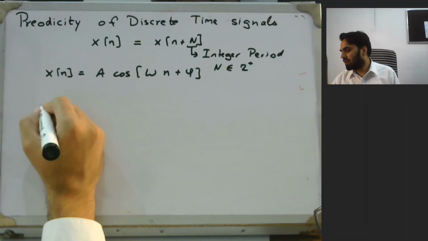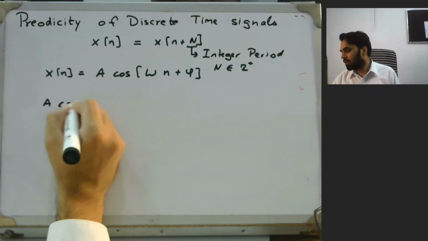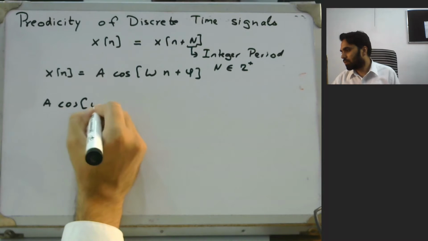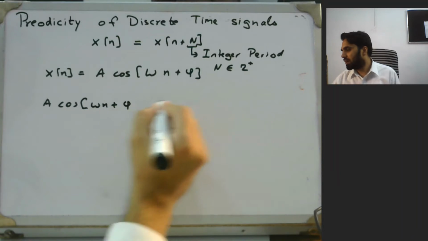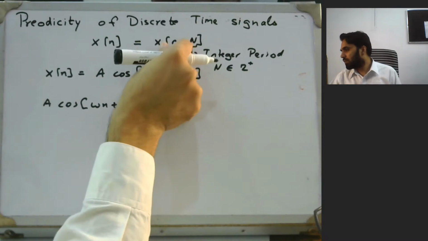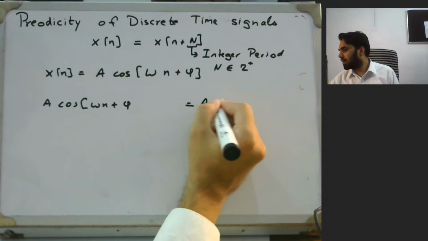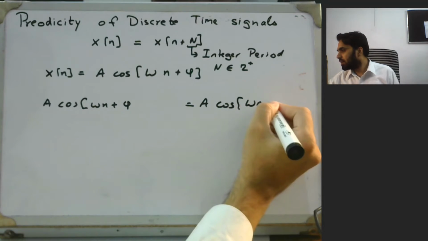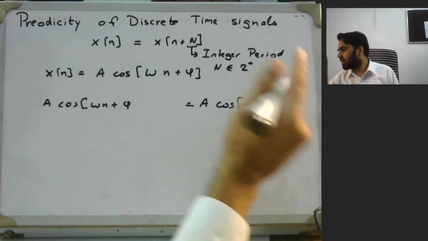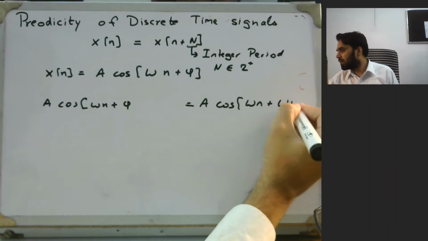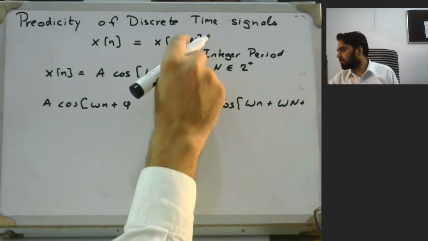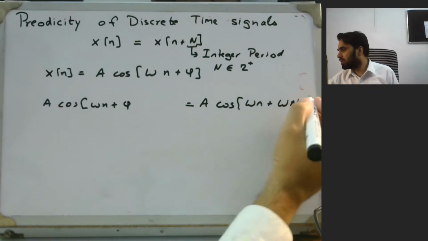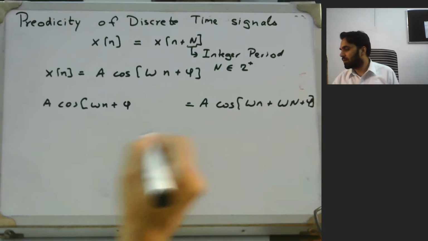We can say A cos omega n plus pi is equivalent to A cos omega n plus N, so we would have omega (n plus N) plus this pi phase shift.